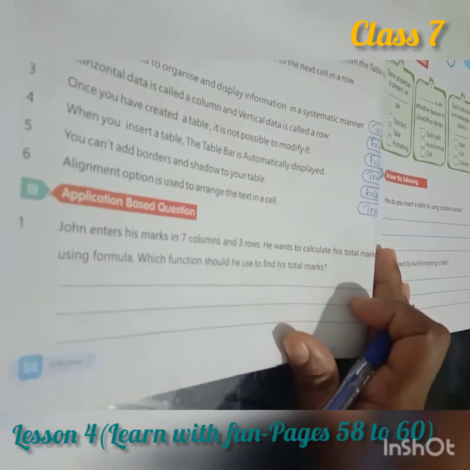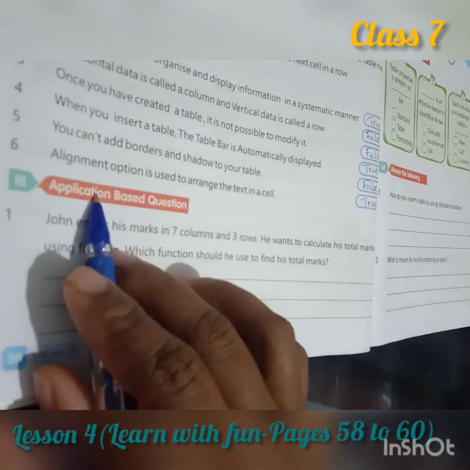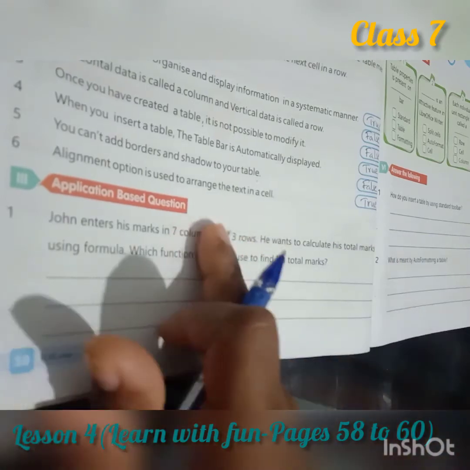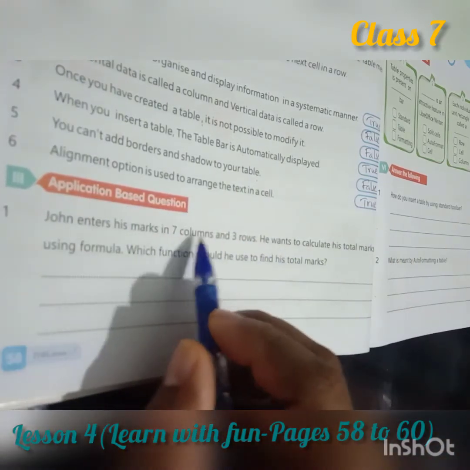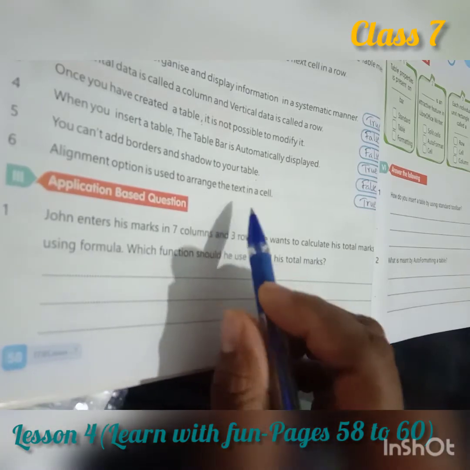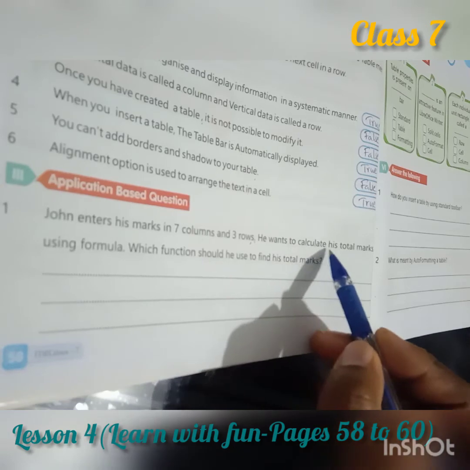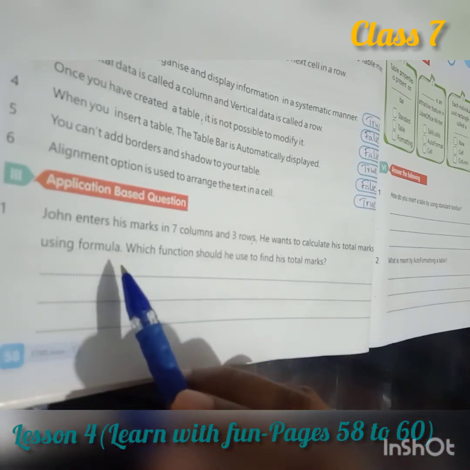Now, next one, application based question. Application based questions means what we have to do in the application. John enters his marks in 7 columns and 3 rows, and he wants to calculate his total marks using a formula. What formula can he use?